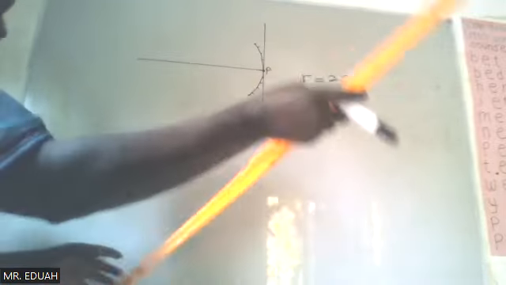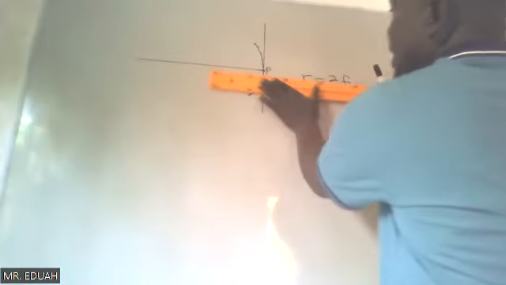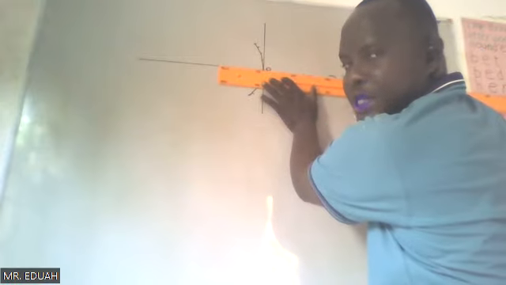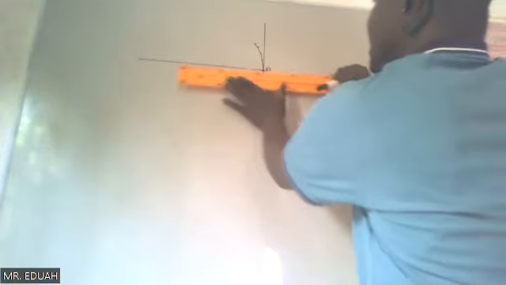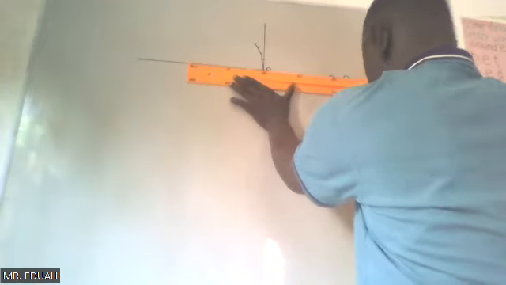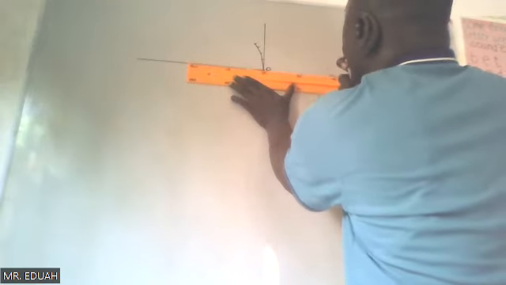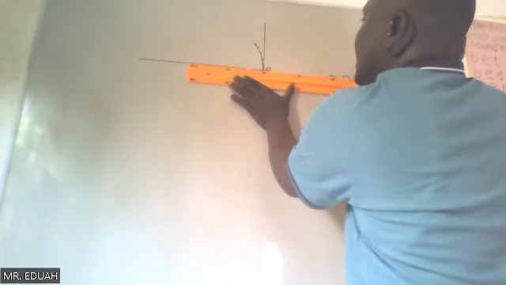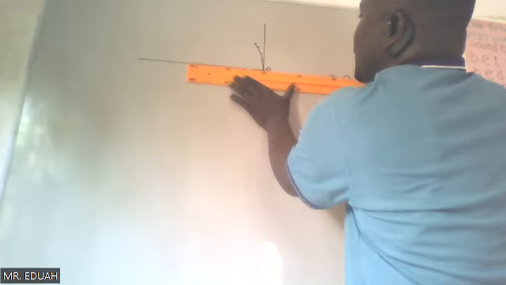So if R is equal to 2 times F, then let me measure my focal length and also the radius of curvature. I'm choosing 10 centimeters. So if my focal length is 10, the radius of curvature R will be 20.